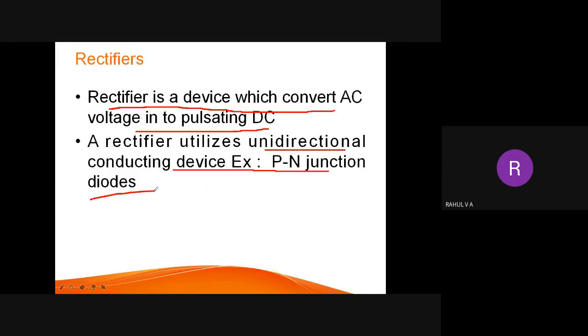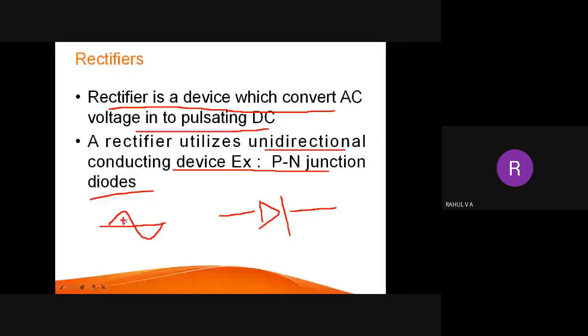So if you consider one AC supply like this, and then you have a diode circuit. During the positive half cycle, the diode will conduct.